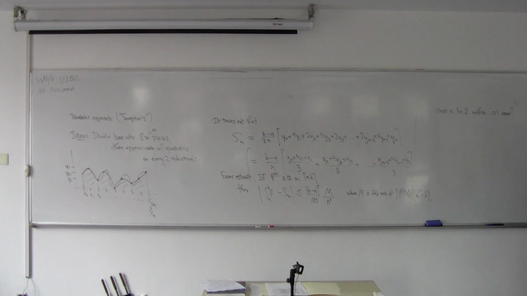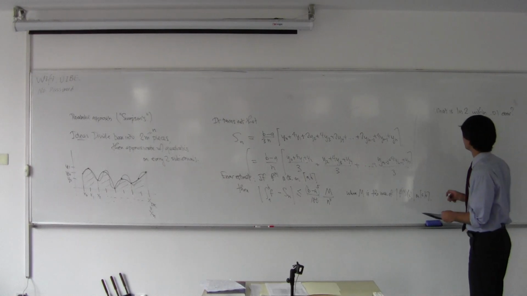So here's the problem for you. What is the natural log of 2 within 0.01 error? And you don't have a calculator, for some reason.